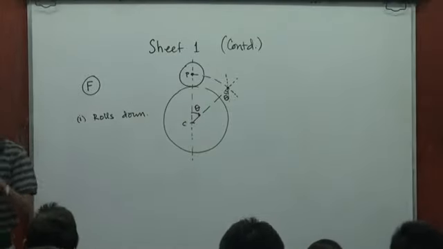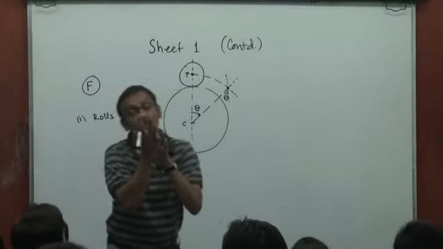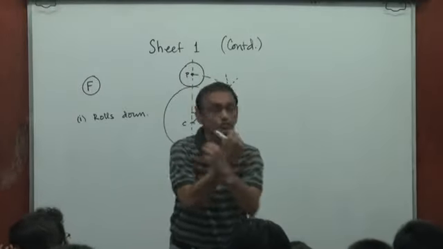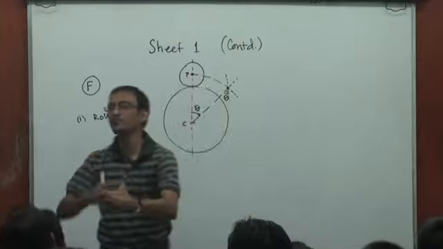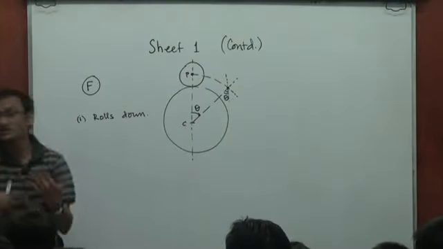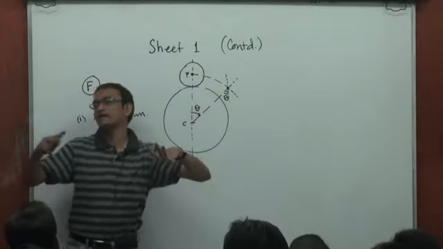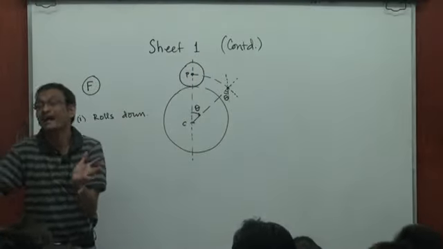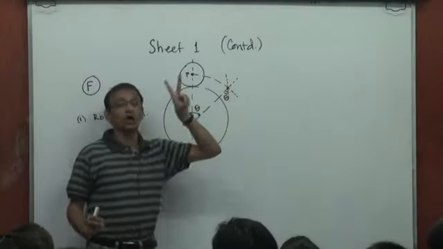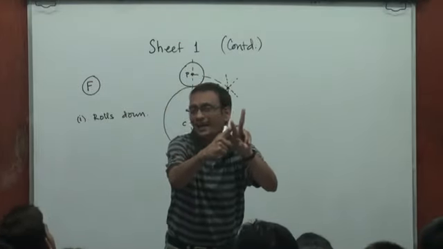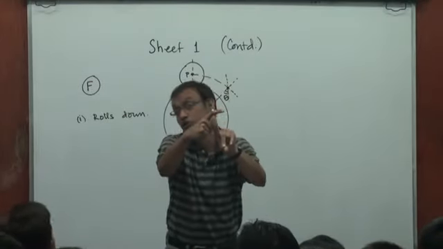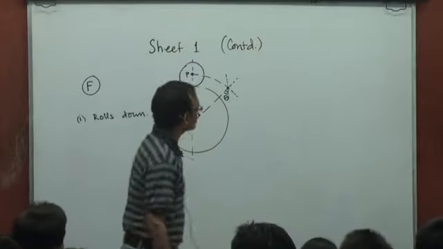F static means there is no rubbing between the spheres, which means there is no dissipation of energy, so we are perfectly eligible to apply conservation of energy. The loss of potential energy must be gain of kinetic energy, and kinetic energy at this point would be constituted out of one, kinetic energy of translation, and two, kinetic energy of rotation, right?